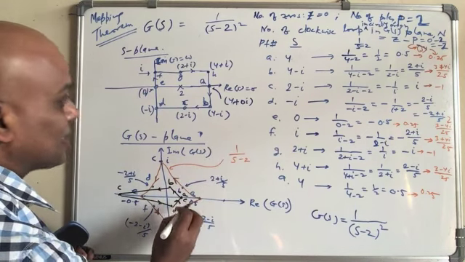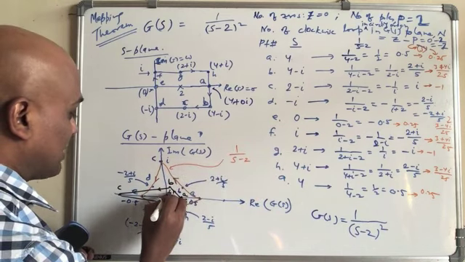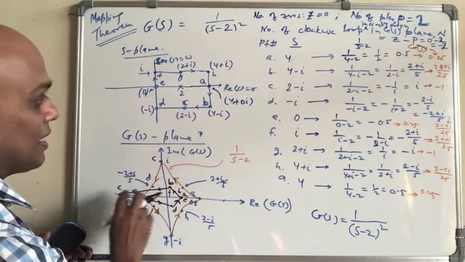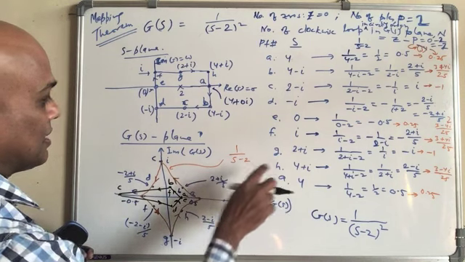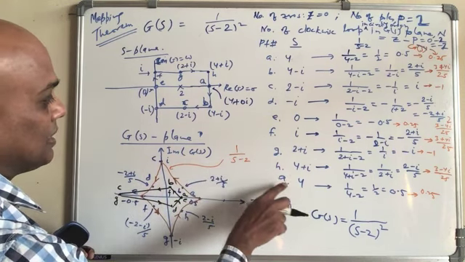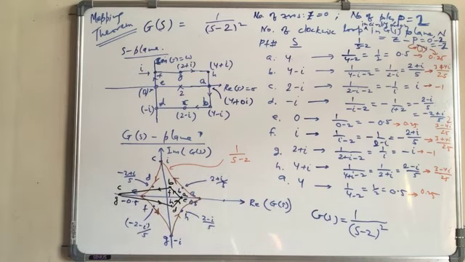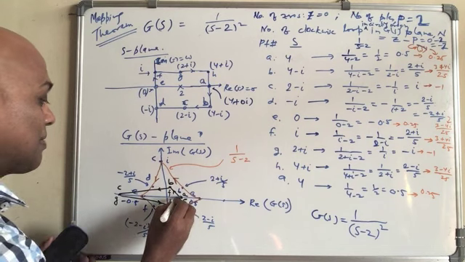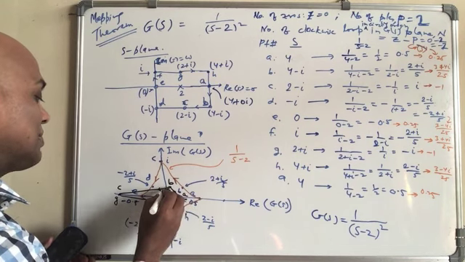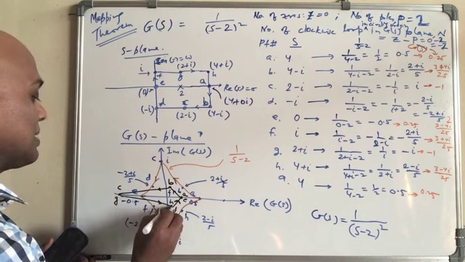Then this is F as well, the same point, and G. This point is G as well, and then we have H. This point is H as well. So at the same point A and E are coinciding, B and F also, C and G also, and H and D also.